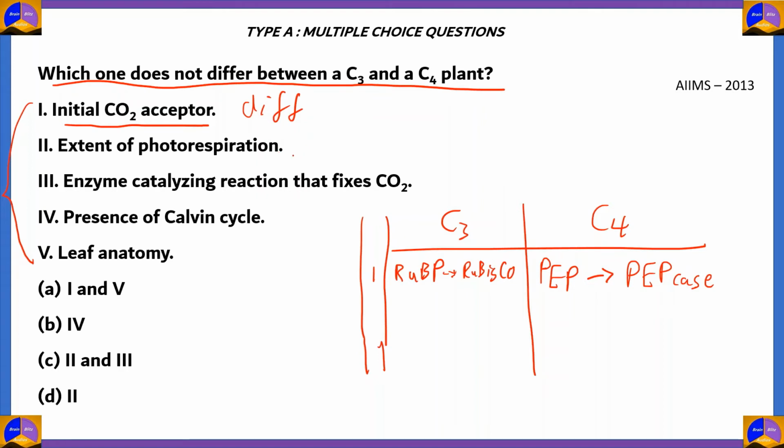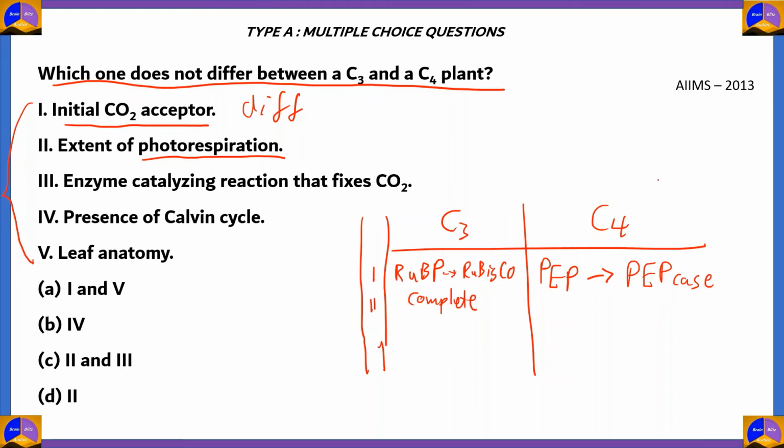Now, comparison number 2, extent of photorespiration. Now we know that since rubisco is present in C3 plants, they undergo photorespiration very often. So therefore, we can write that there is complete photorespiration present in C3 plants.